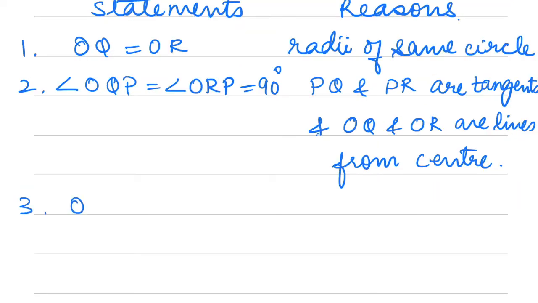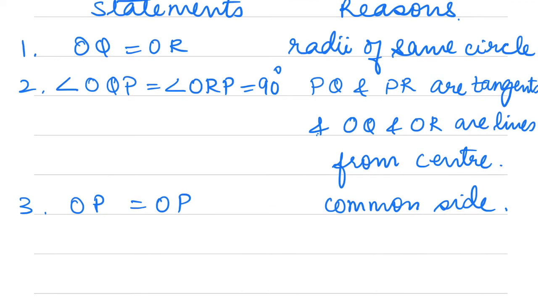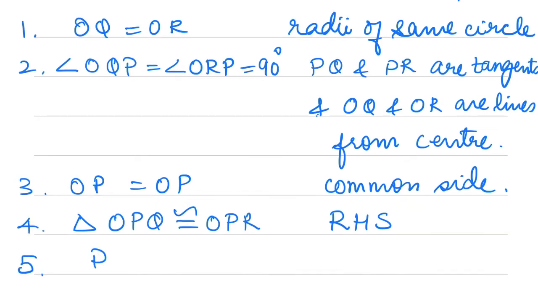Third point, OP is equal to OP because that is the common side for both the triangles. Therefore, triangle OPQ is congruent to triangle OPR by the right angle, hypotenuse and side property of congruency. PQ is equal to PR by CPCT.